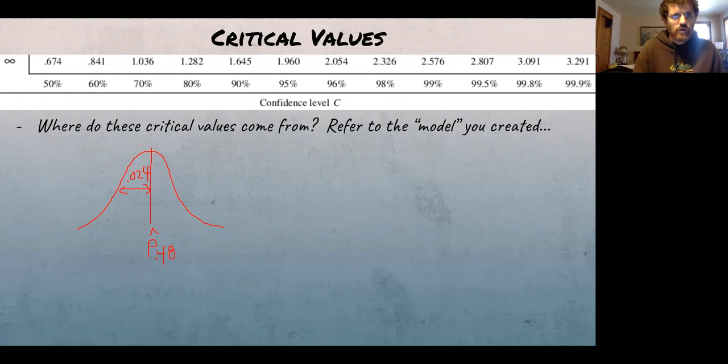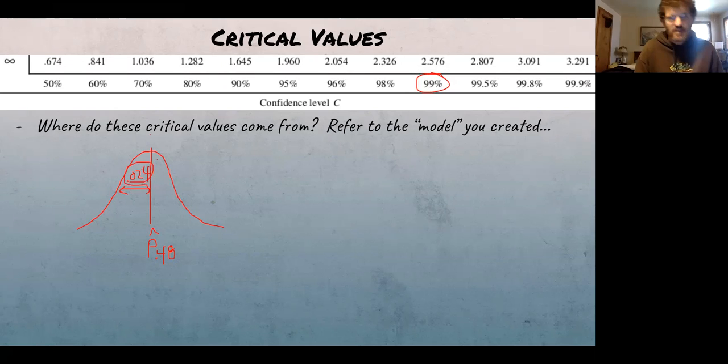So anyways, if I want to create an interval that has 99% confidence, let's say, then of course, and we already talked about this, I want to go out 2.576 times the standard error in order to capture and create that confidence interval.